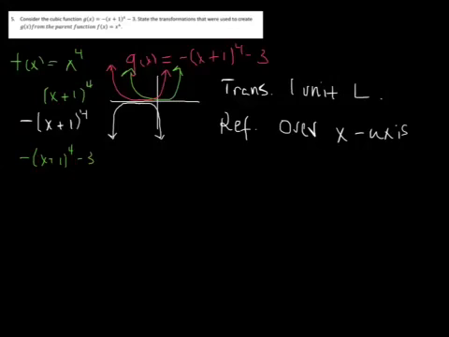Subtract 3. So what was once 0 is now -3. Everything has simply moved down three units. And so this is a translation 3 units down.